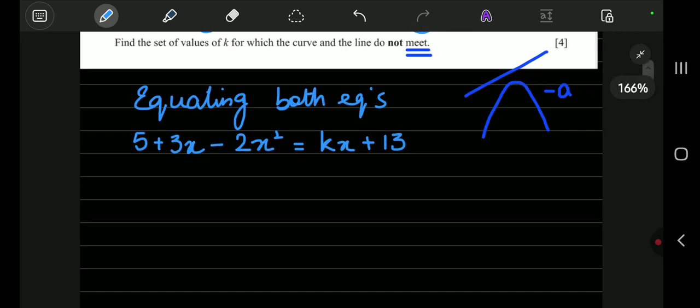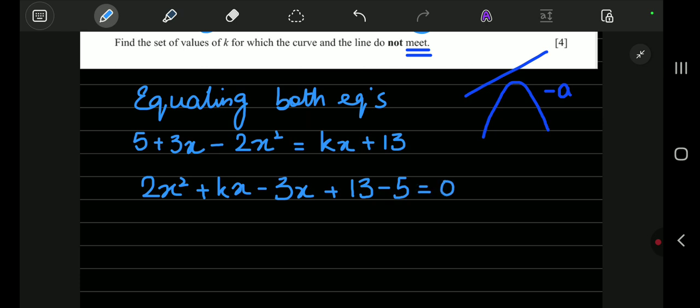Now let's rearrange this. We will be getting 2x squared, I am just shifting it to the other side to make it a positive x squared term, plus kx minus 3x plus 13 minus 5 equals 0.